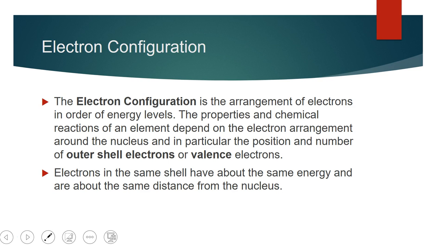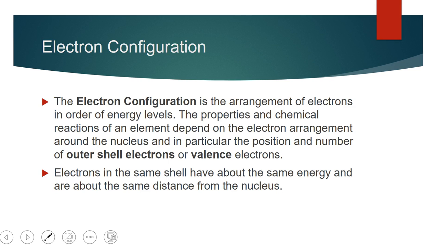So the electron configuration of an atom tells us how the electrons are arranged in each of these energy levels and puts them in order from lowest to highest energy. The properties and chemical reactions that an element displays are dependent on the electron arrangement and the electron configuration, because this determines their valence electrons or outer shell electrons, which are the ones that are key to the type of chemical reactions that they undergo.